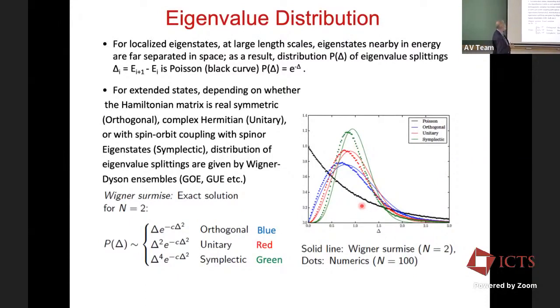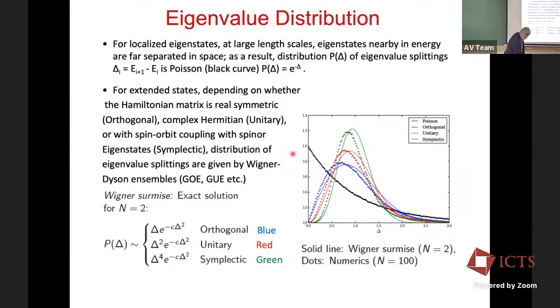But if you have extended eigenstates, then of course, if the eigenvalues come close to each other, they will interact with one another and repel each other, which creates a big hole in this distribution function close to zero eigenvalue spacing. The exact nature of that depends on whether you're talking about a real symmetric matrix, like in the case of Anderson localization, or a complex Hermitian matrix, or a matrix which is more complicated than that.